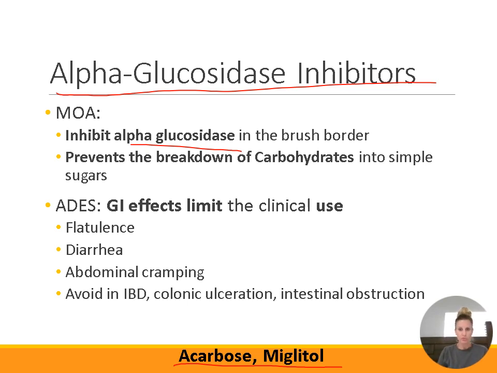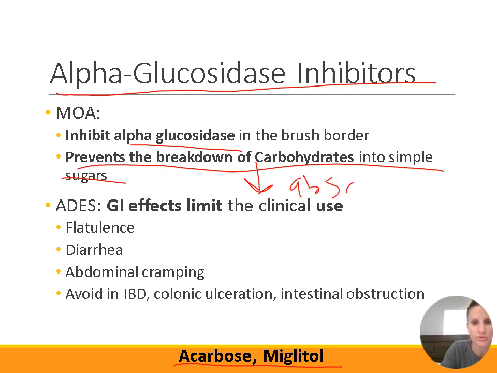Simple sugars are small enough that they can actually be absorbed into the body. Alpha-glucosidase inhibitors prevent that breakdown of carbohydrates into simple sugars, and that prevents or decreases the absorption of some sugars.